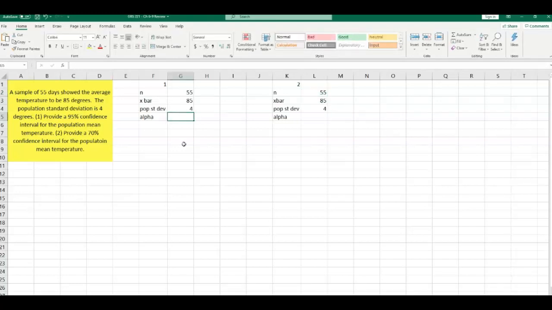Now, just focusing on part 1 here, we're looking to provide a 95% confidence interval. So we need to think about what alpha is. Alpha is going to be 1 minus your confidence level. Our confidence level is 95%. So 1 minus 0.95 gives us an alpha of 0.05.